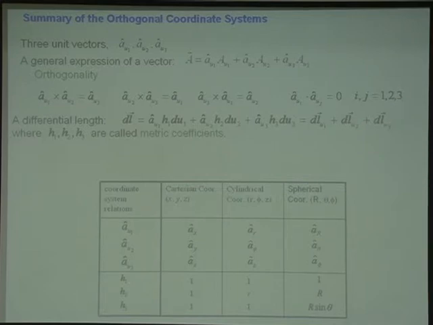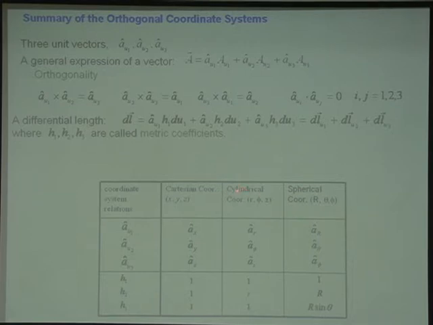In XYZ coordinate system, dl u1 is dx ax, right? dy ay, dz az. 但是在 cylindrical coordinate system 跟 spherical coordinate system 里，you have to multiply the symbol with some metric coefficient. The metric coefficients h1, h2, h3 in xyz coordinate system are very simple. It's 1, 1, 1.